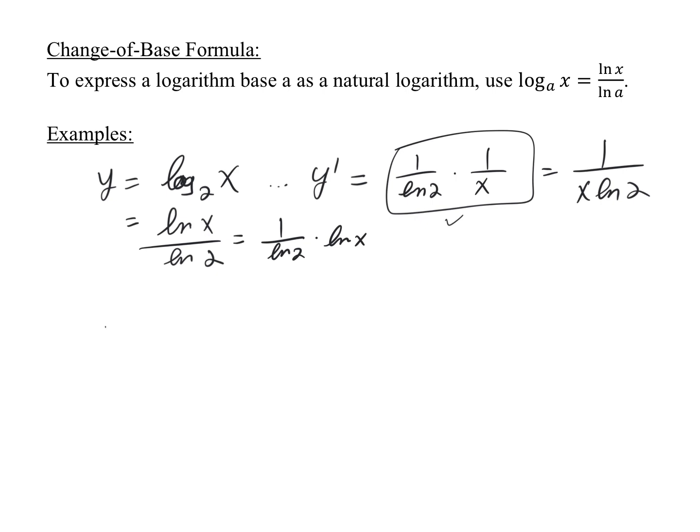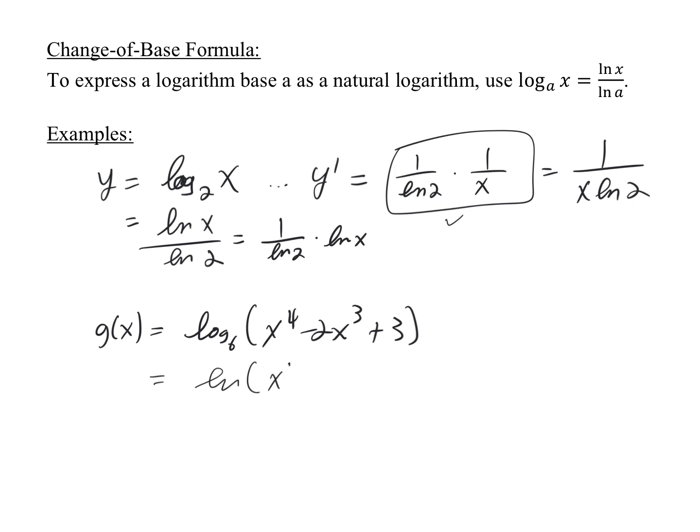Well, what if it's a little bit more involved than that? What if you had g of x equals log base 6 of x to the 4 minus 2x cubed plus 3? Well, you start by rewriting g. This is natural log of x to the 4 minus 2x cubed plus 3 over the natural log of the thing you didn't like, which was 6.